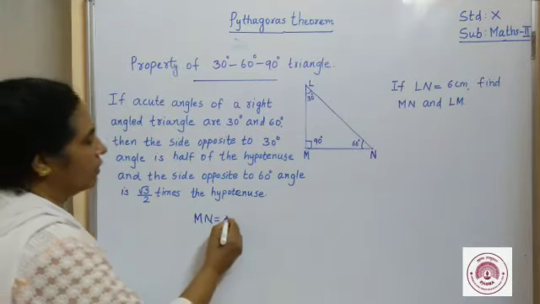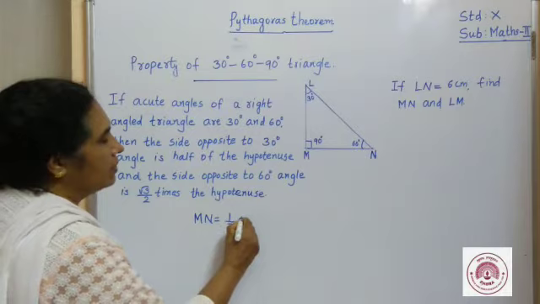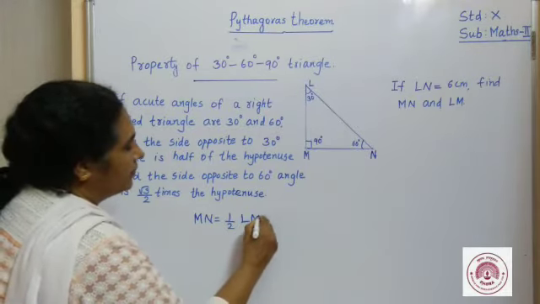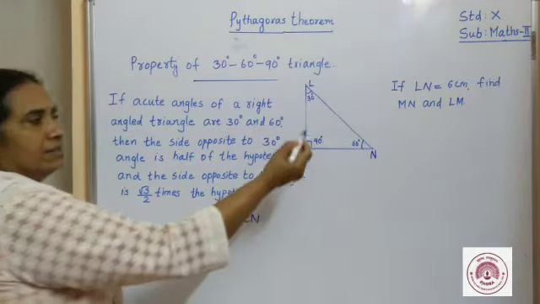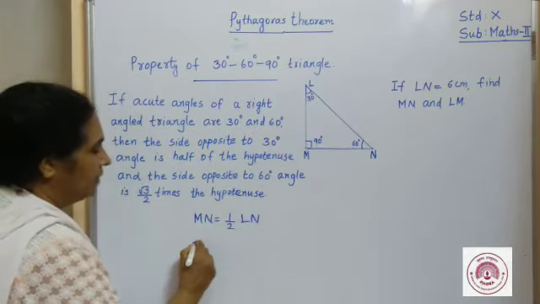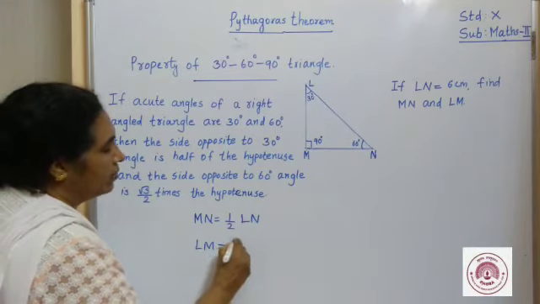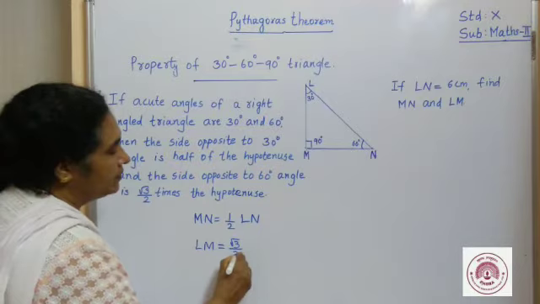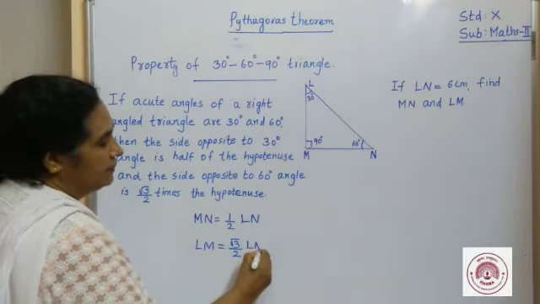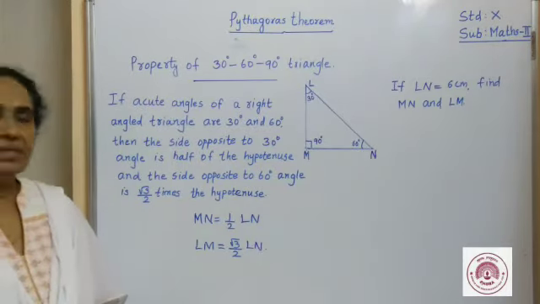So MN is equal to half of LN, and the side opposite to 60 degrees, that is LM, is equal to root 3 by 2 times the hypotenuse, that is LN. So this is the property of 30-60-90 triangle.